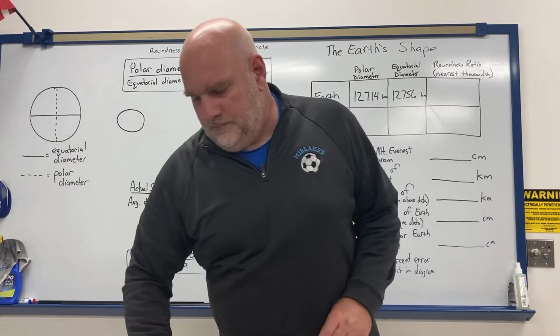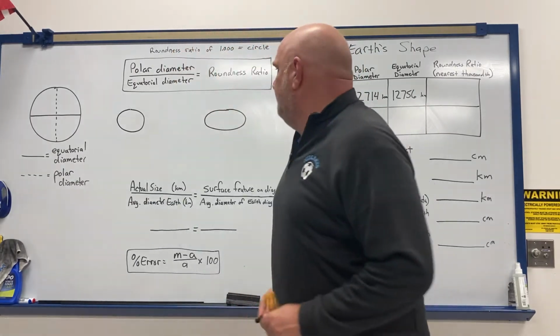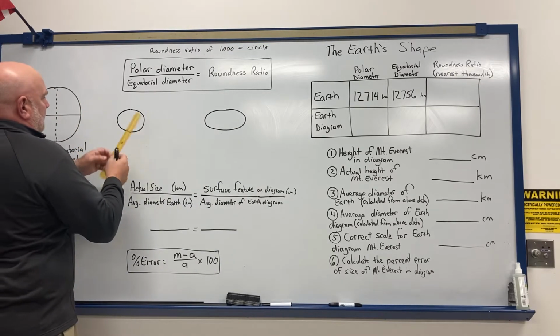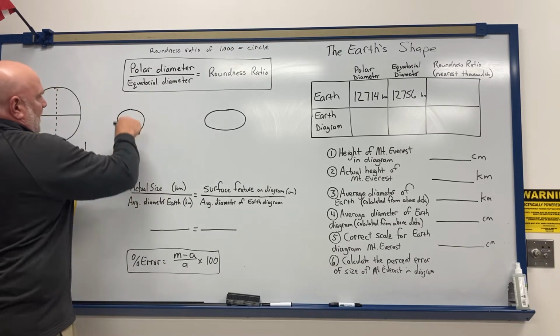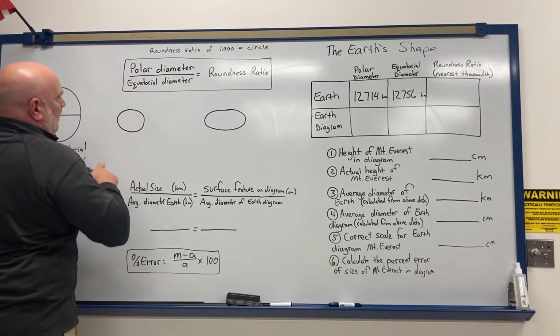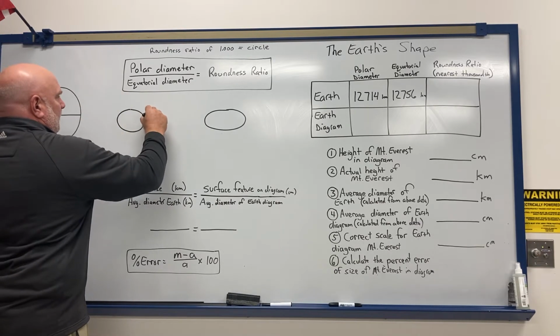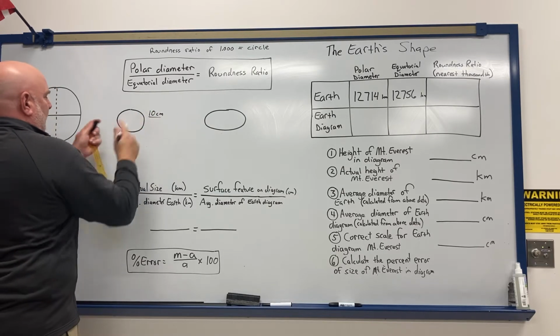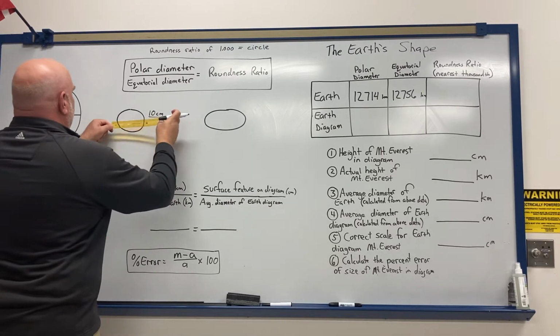So, I'm going to take my ruler out here. For example, this one right here, I measure that. My polar diameter is going up and down, and it works out to be 10 centimeters. Equatorial diameter is going from there to there.